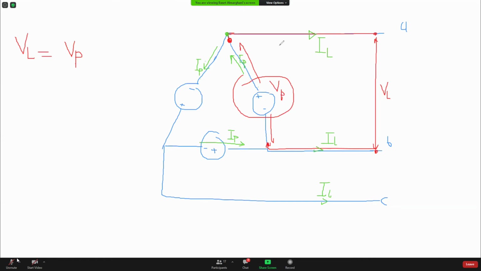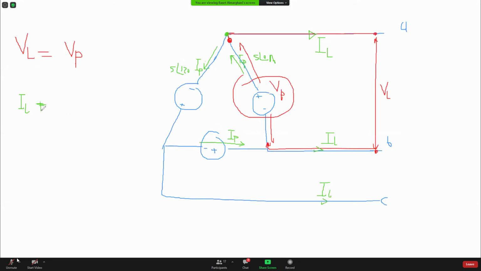If we plug values, let's say this current is 5 angle 0. This one here is the C line, right? So this is 5 angle 120, let's say. IL is leaving the point, this node. And what else is leaving?